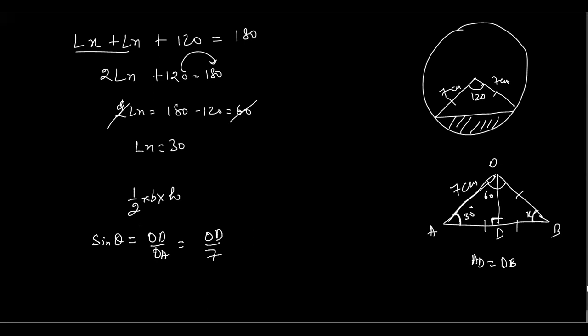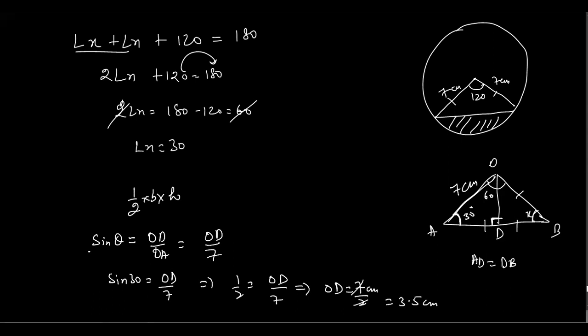The value of sine theta is sine 30. You have to write here sine 30 is equal to OD upon 7. The value of sine 30 is actually half. So you have to write here half is equal to OD upon 7. So OD is equal to 7 centimeter by 2, and we get 3.5 centimeter.